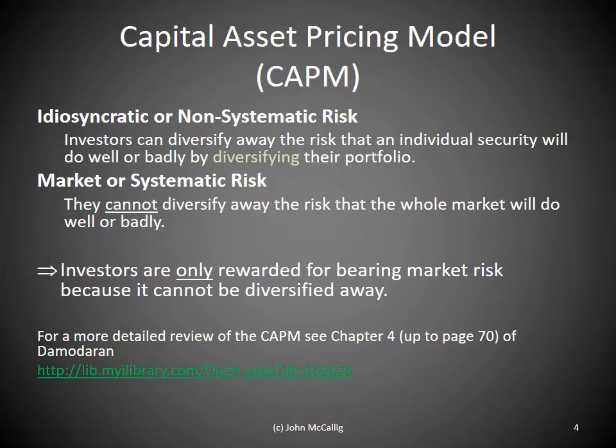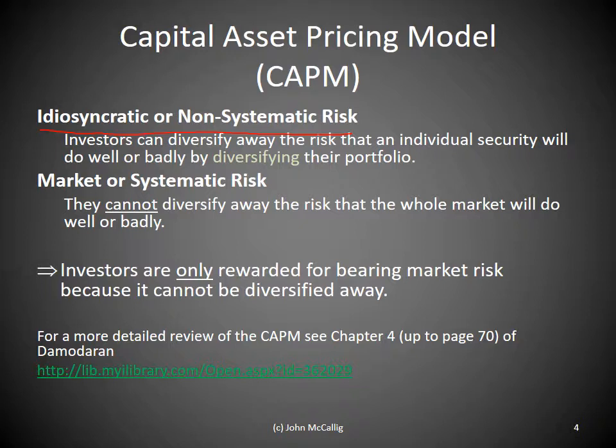Now, the major way of working out discount rates comes from finance theory and the capital asset pricing model, or CAPM. And that divides risk, the risk of holding a security, into two parts: the idiosyncratic or non-systematic risk. So this is risk that attaches to individual securities.